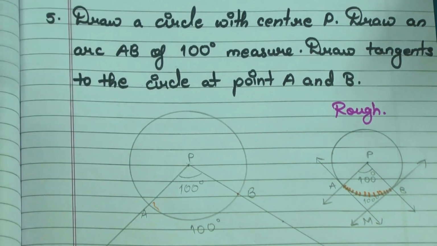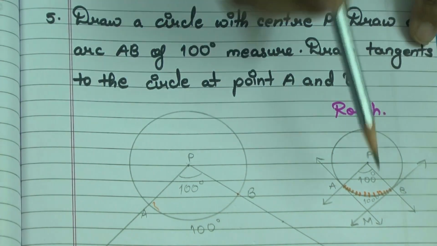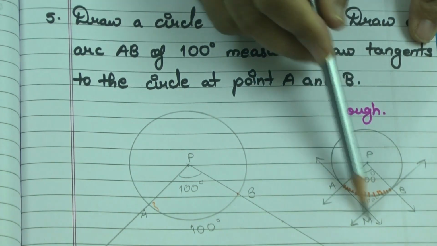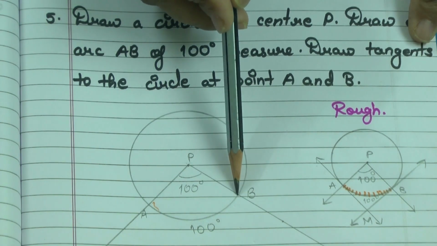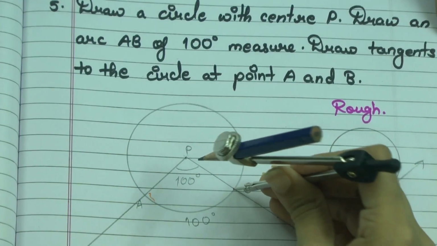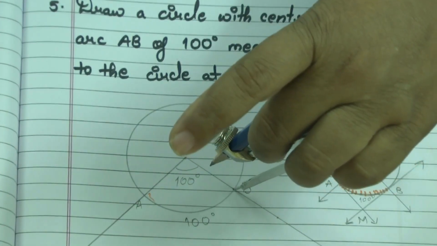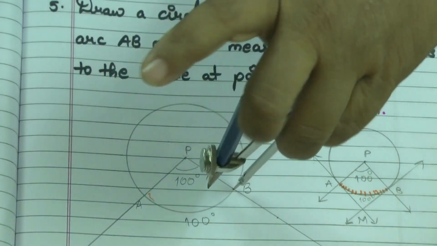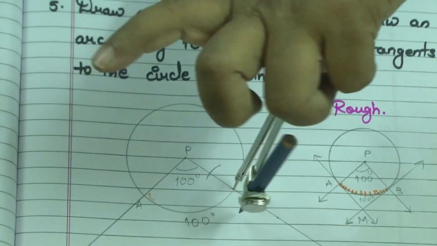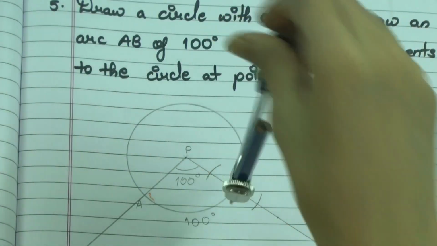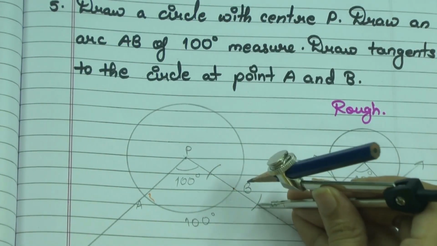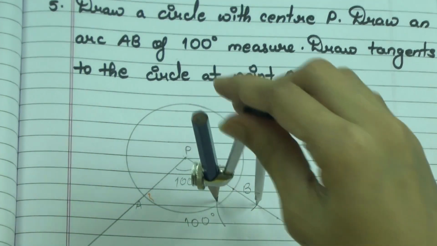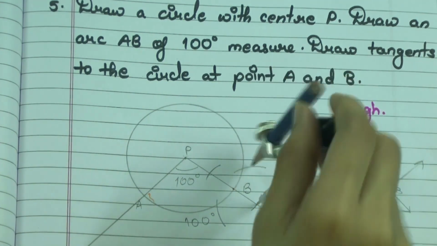Now you can draw the tangent. See, this is the tangent which is passing from here, and this is the tangent which is passing from here. So keep the pointer at B. Give two arcs, both sides of B, one arc over here and one arc over here. Now take more than half, give an arc below, give an arc above.